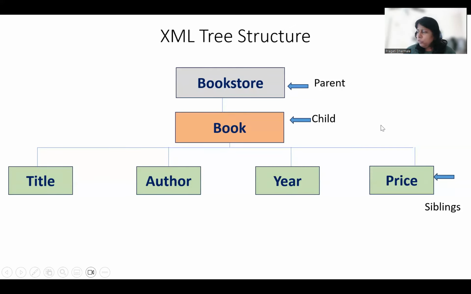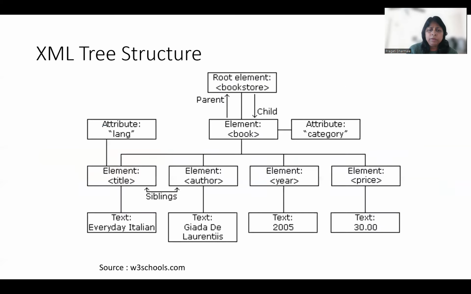Now, if we look at the detailed diagram of this, it would look like this. I have taken this diagram from the website of W3Schools. In this, bookstore is the root element. Again, book is the element, and title, author, year, and price are siblings. But there is further information inside the title.